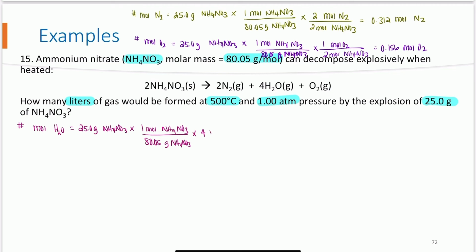I produce 4 moles of water for every 2 moles of ammonium nitrate reacted, which gives me 0.625 moles of water. So you've got these different amounts of moles that we're going to add up for the total moles of the system.